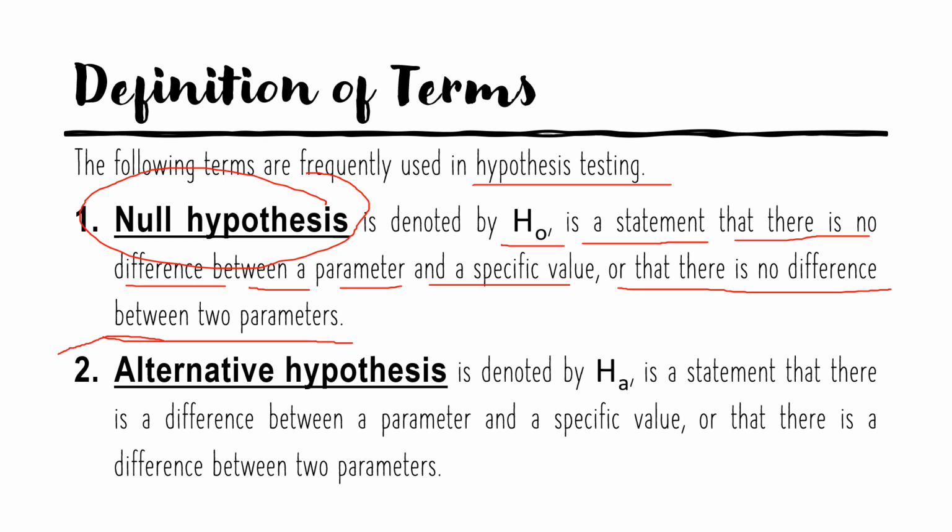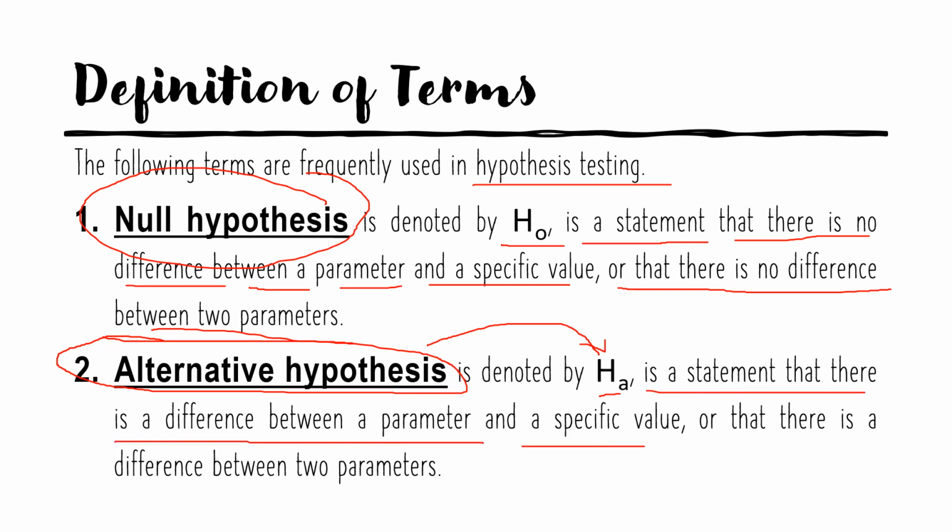Second term, your alternative hypothesis. We simply use H_A or H sub A to represent your alternative hypothesis. It is a statement that there is a difference between a parameter and a specific value, or that there is a difference between two parameters.